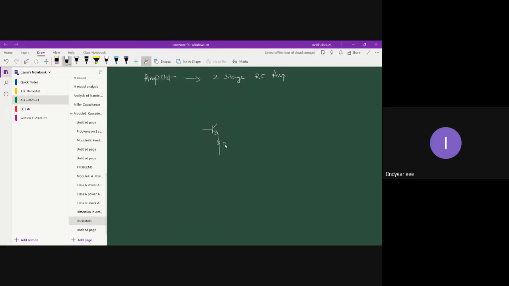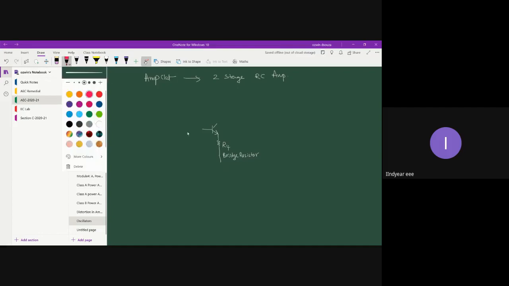This is R4. Remember, this R4 is basically the bridge resistor. I will give you a hint.